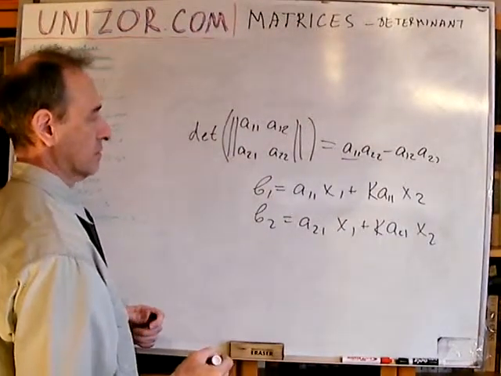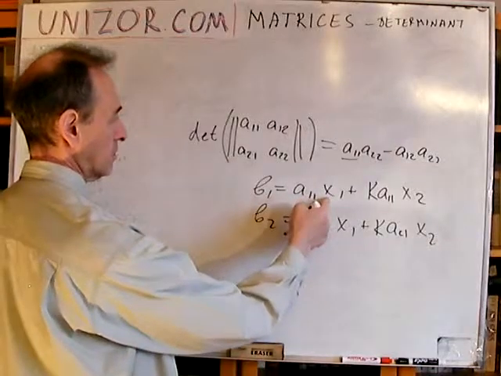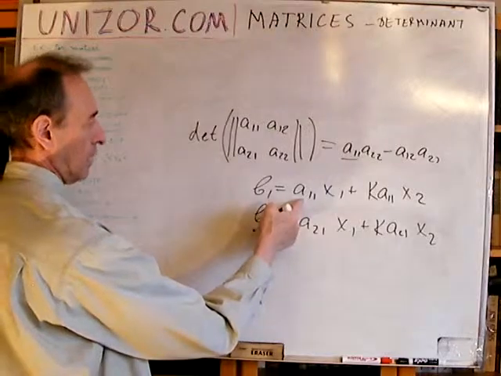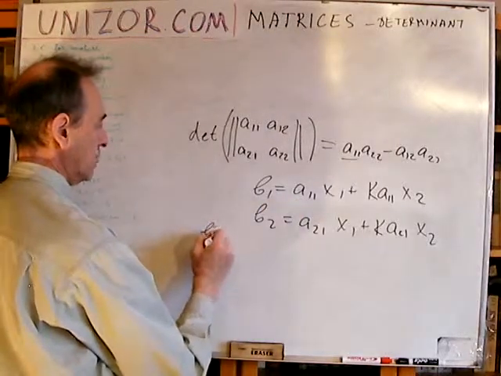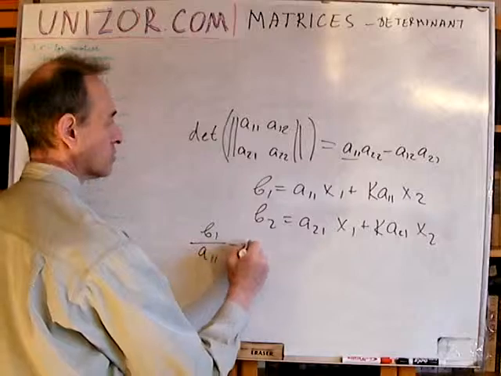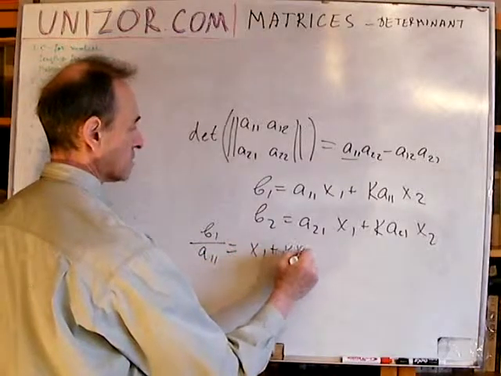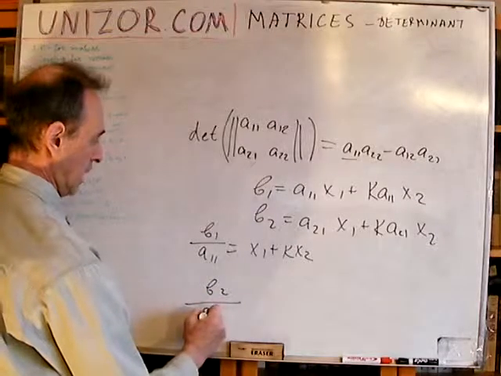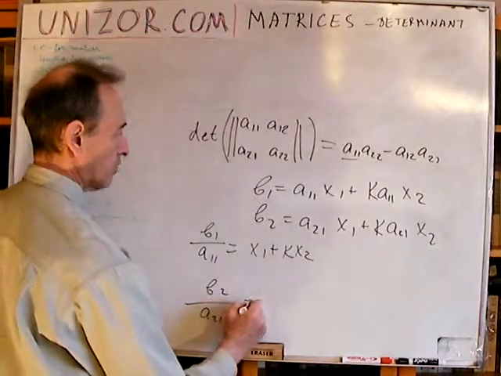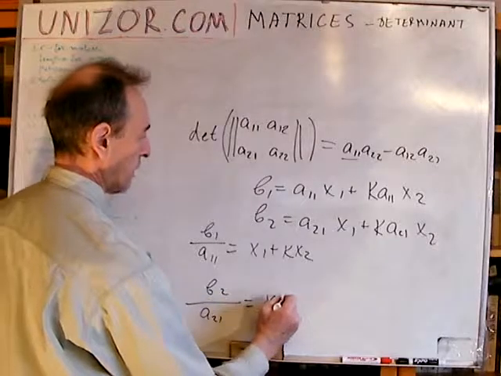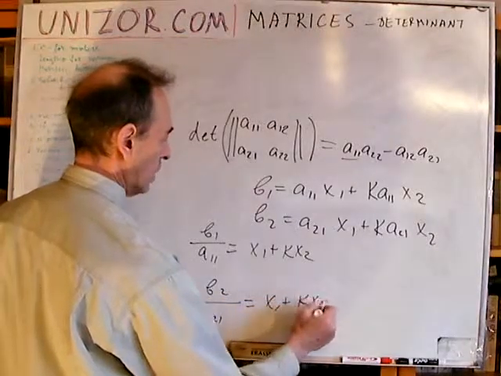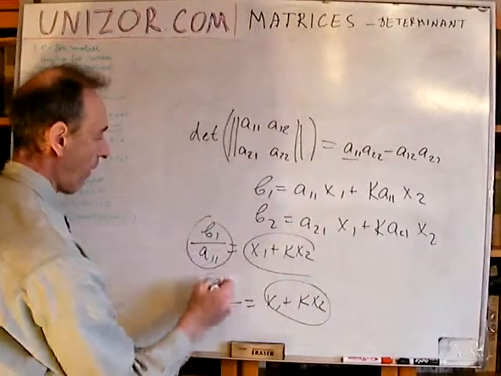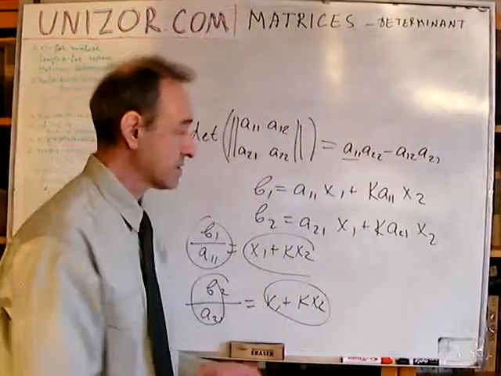What does it mean? Well, from the first equation, I take A11 out, so I have B1 over A11 equals x1 plus k x2. From the second equation, I have B2 over A21 equals x1 plus k x2. So the right parts are exactly the same.